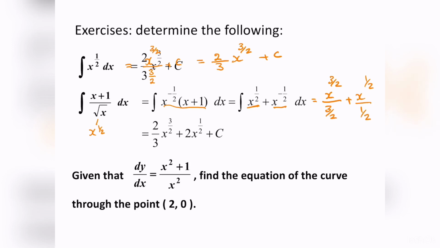So we can flip it over, so it will be 2 over 3 x to the power 3 over 2 plus 2x to the power 1/2 plus c. So that's what it is here.